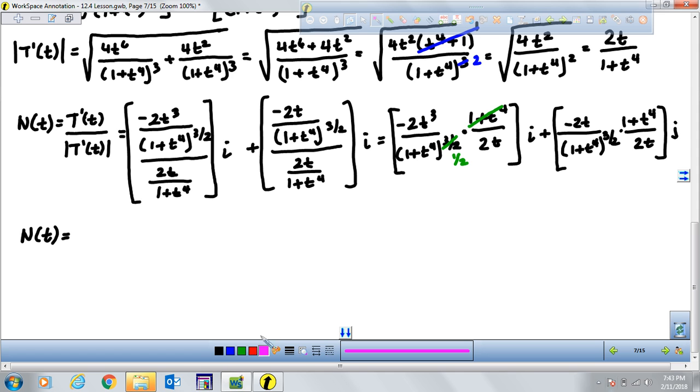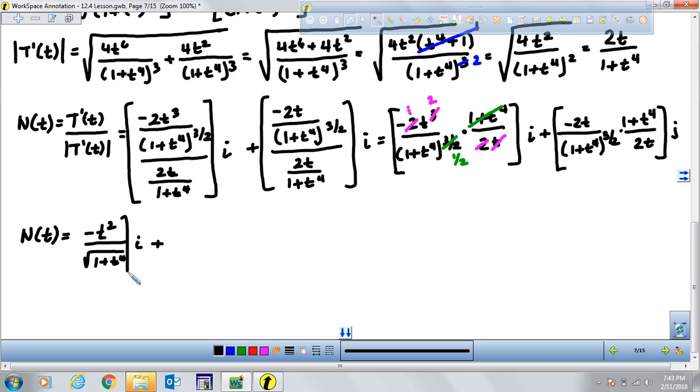And also the 2 reduces with the 2 right here, so we're left with 1, and the t cubed with the t, so we're left with t squared, right? So we're going to end up with negative t squared over 1 plus t to the fourth raised to the 1/2 power. Or when we say 1/2 power, that is the same thing as the square root of 1 plus t to the fourth. That's going to be my i component for the unit normal vector.